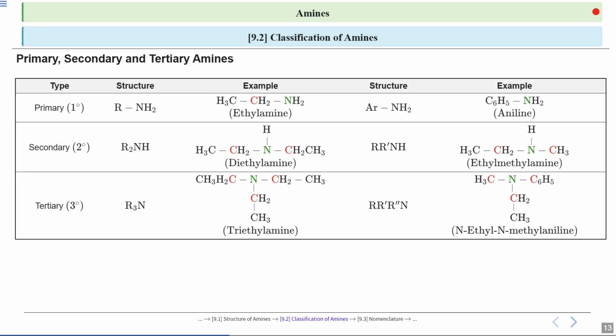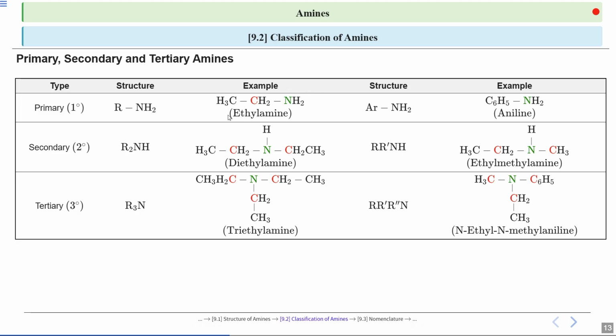Now, let us look at this table, which is based on the classification of amines. If you look at the primary amine, as I told you, in a primary amine one of the hydrogens is replaced by an alkyl or aryl group. So, you will see one hydrogen is replaced by this R group. Here I have replaced one hydrogen with the ethyl group.